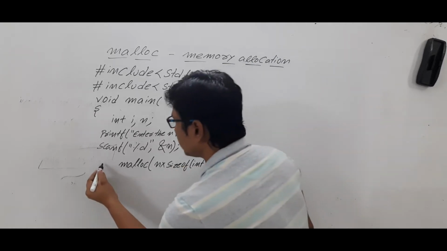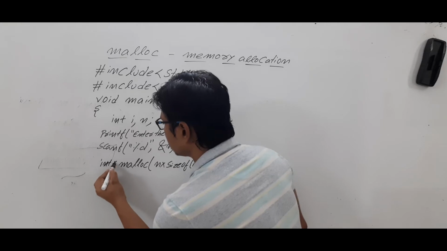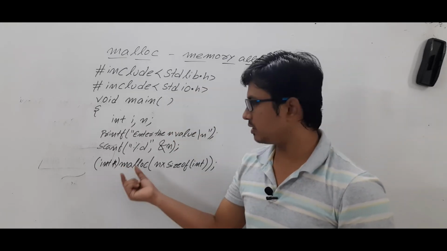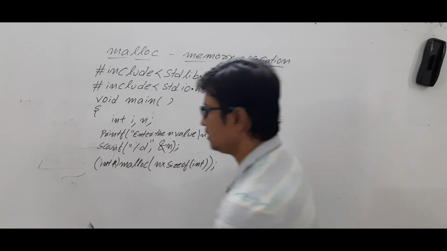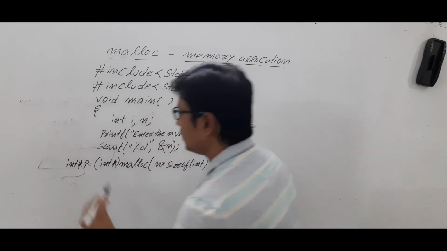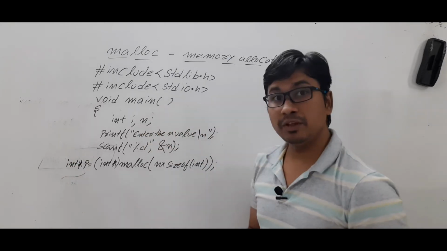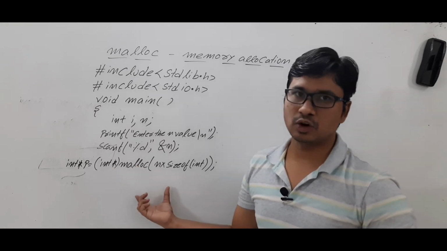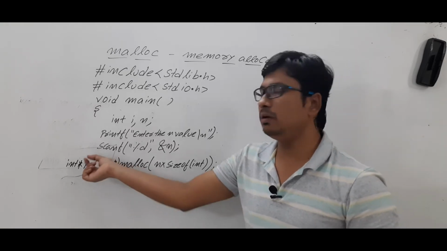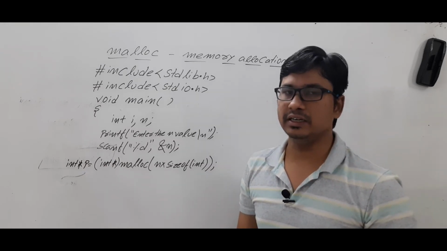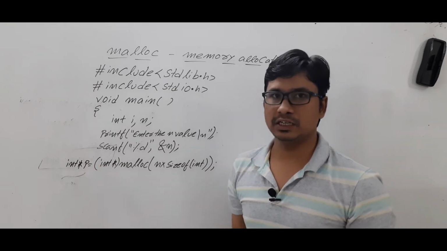Then I need to do the typecasting, because malloc by default returns a void pointer. So I am doing typecasting, declaring an integer pointer and assigning it the base address. If the memory is allocated successfully, the base address, meaning the starting address of the block, will be assigned to P. If the memory is not successfully allocated, then a null value will be assigned to the pointer P.